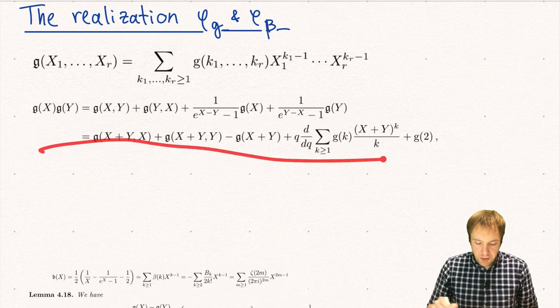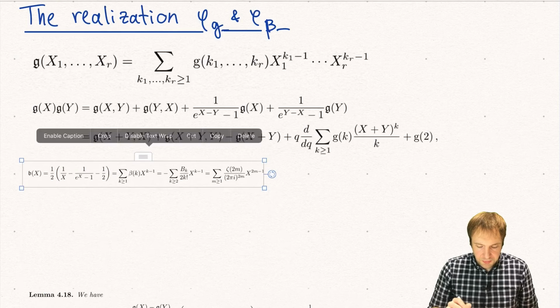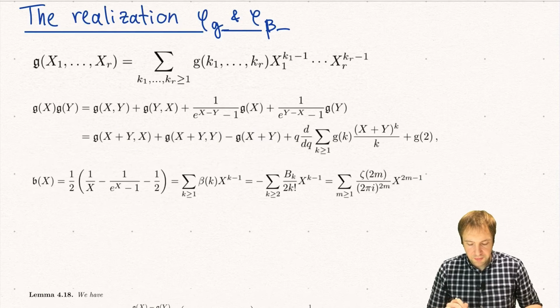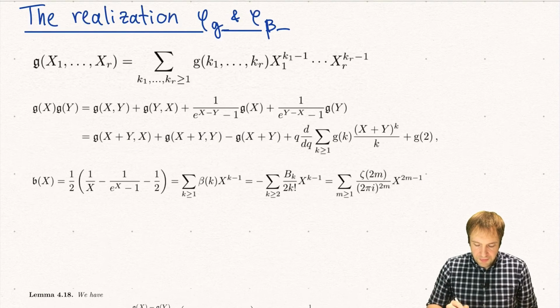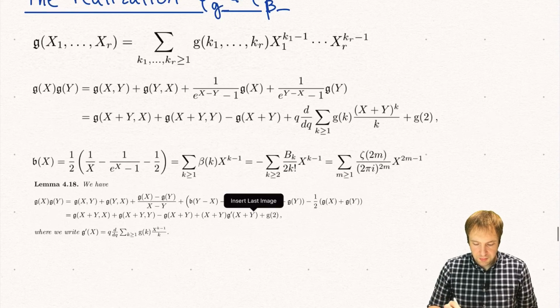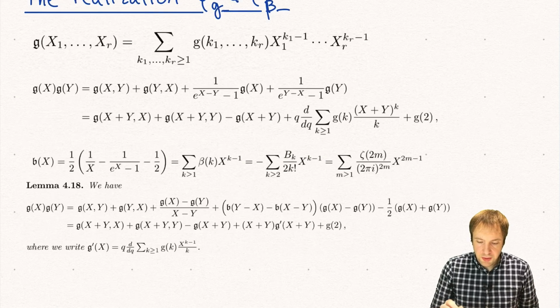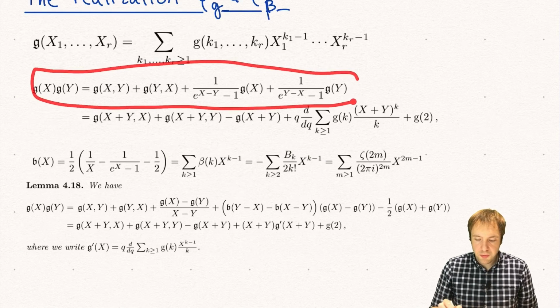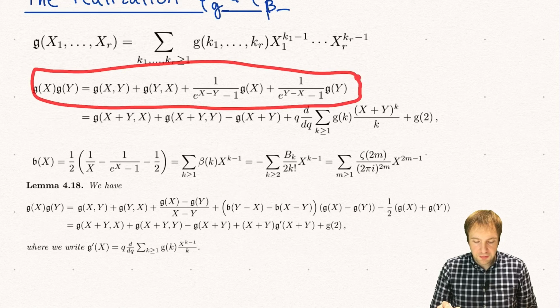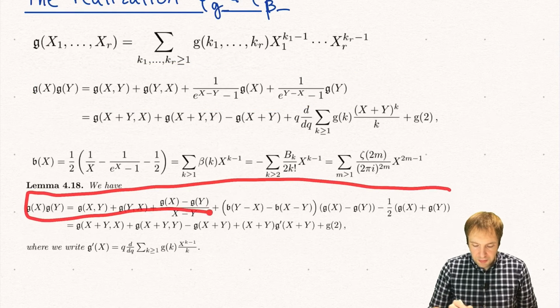And this we can rewrite now a little bit by introducing the generating series of the betas. It takes some time to see this, but this is now just rewriting what we already proved. So here in the first line, the statement is that this can also be written like this.